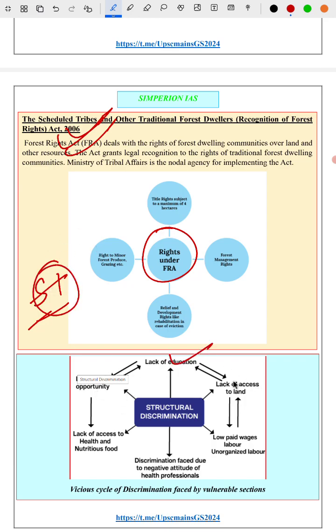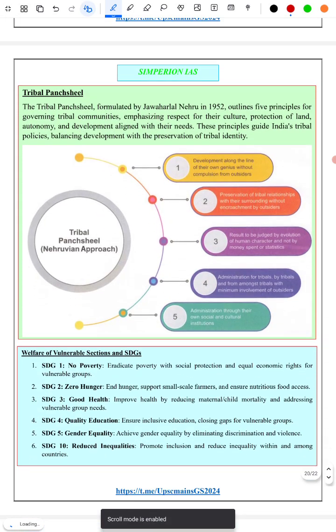Lack of education leads to lack of access to land, low-paid unorganized labor, discrimination faced, negative attitude of health professionals, lack of health and nutrition, lack of opportunities, structural discrimination. Again, the vicious cycle. We have discussed that. Please go through that particular diagram.